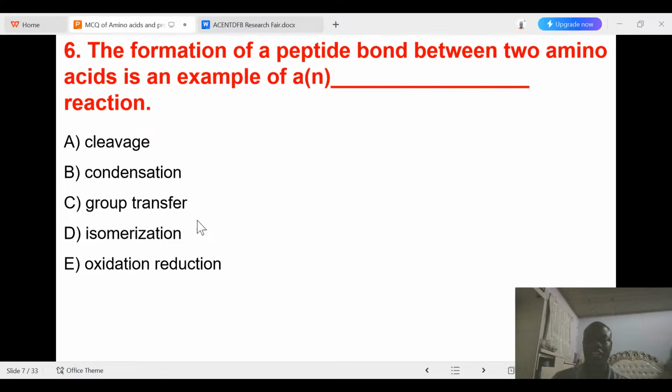In a condensation reaction, the smaller molecule that is usually eliminated is either ammonia or water. If you look at two amino acids joining together, you realize that molecules of water are released or eliminated. So that makes it a condensation reaction.